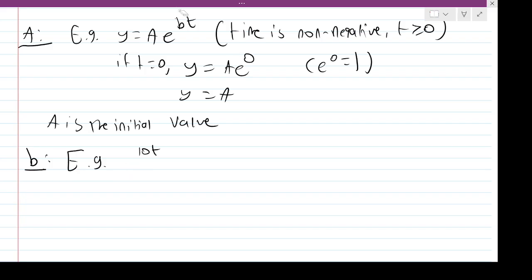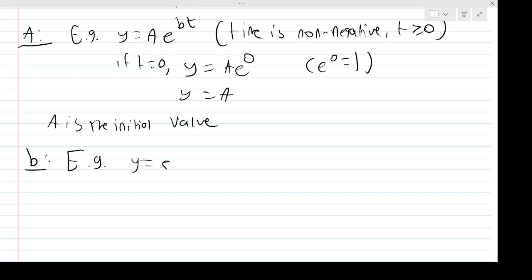If y is e to the 10t, it's hard to see what the 10 actually means. But the significance of the b part, this equation, ae to the bt, becomes a lot more apparent when we differentiate.